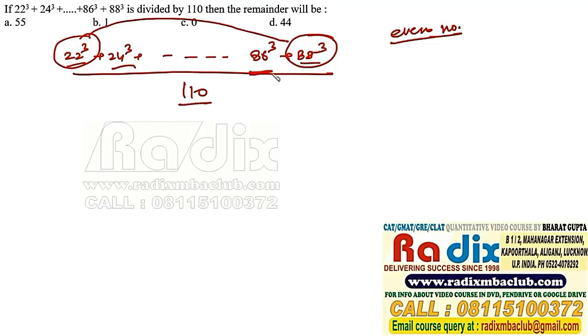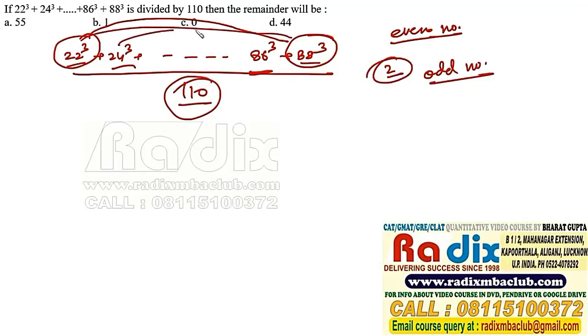Means from an even number of terms we can select pairs which, when divided by 110, will give remainder 0. But if there are an odd number of terms, and we make pairs like 88 and 22, 24 and 86, then 26 and 84, then one middle number will be left over, and we have to divide that by 110.